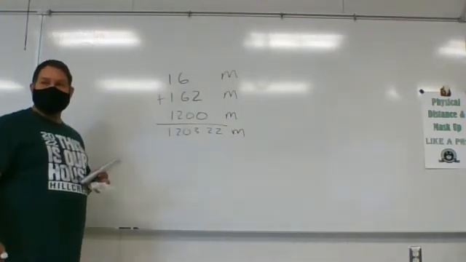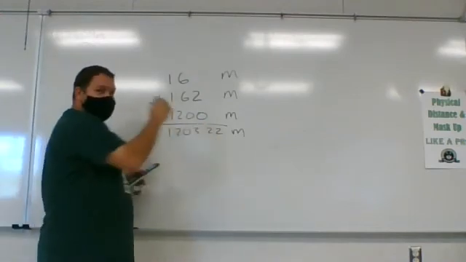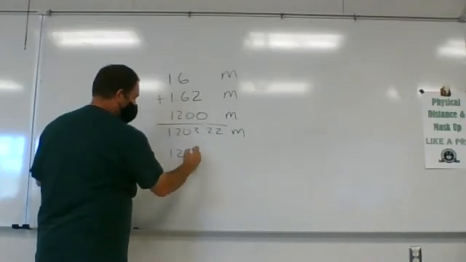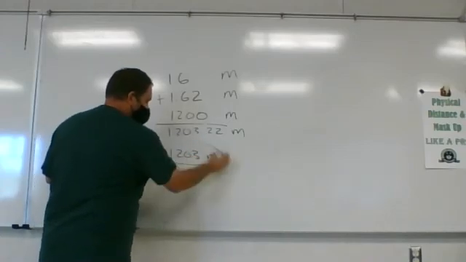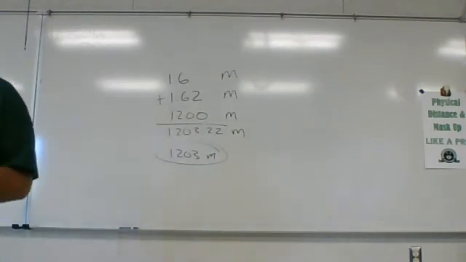Which one has the smallest number of decimal places? The 1,200, with 0 decimal places. So I have to drop that. So it's going to be 1,203 meters. That should be my absolute final answer for that problem. Good. That was the problem we needed to correct the units on.